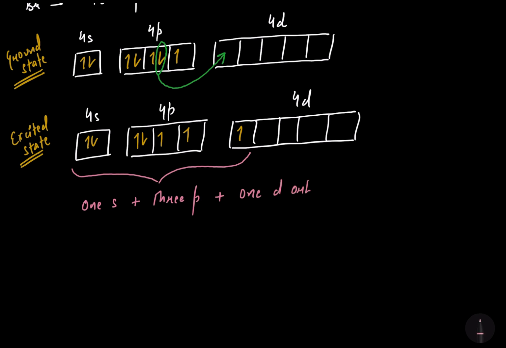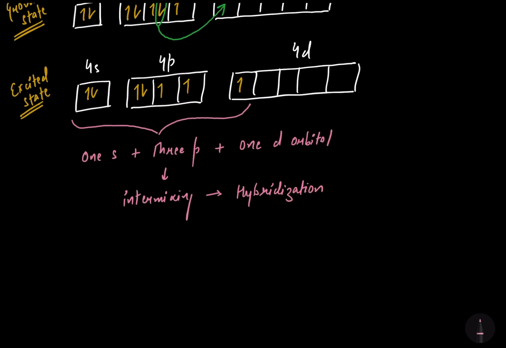will intermix. This intermixing process of atomic orbitals is called hybridization. Here a total of 5 atomic orbitals are mixing, that is 1s, 3p and 1d.